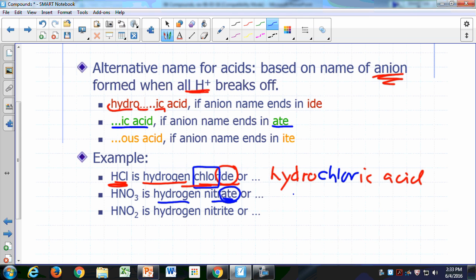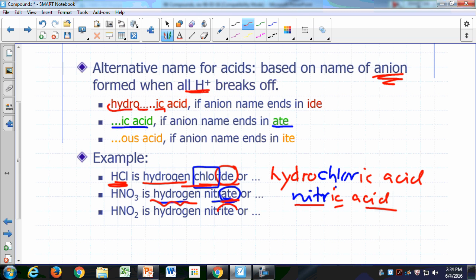So hydrogen nitrate is nitric acid. Maybe emphasize the ic there. Nitric acid. So if the name of the anion ends in ate, you drop the hydrogen from the name, so it's just nitric acid.